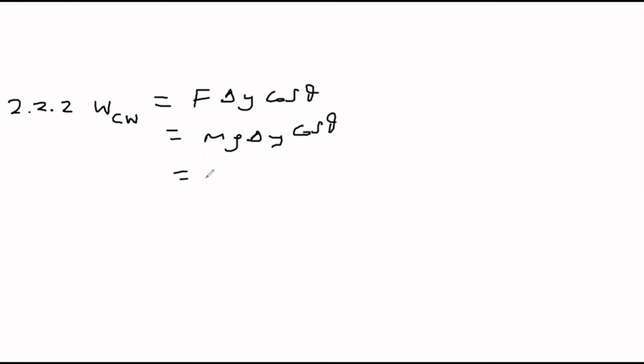The counterweight is pulling the cage with a mass of 950. The distance is 55. Cos.